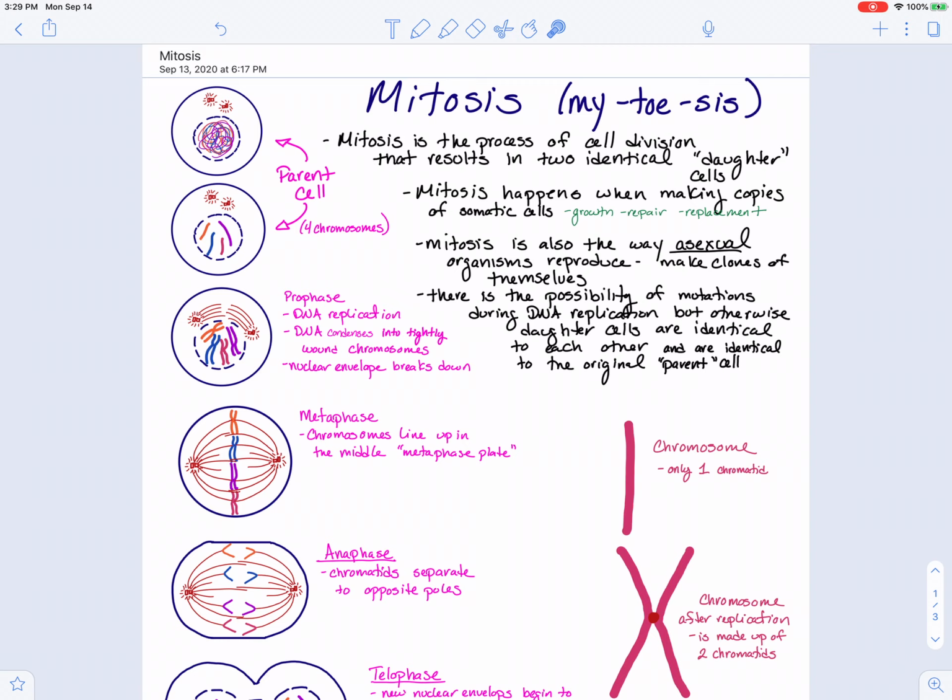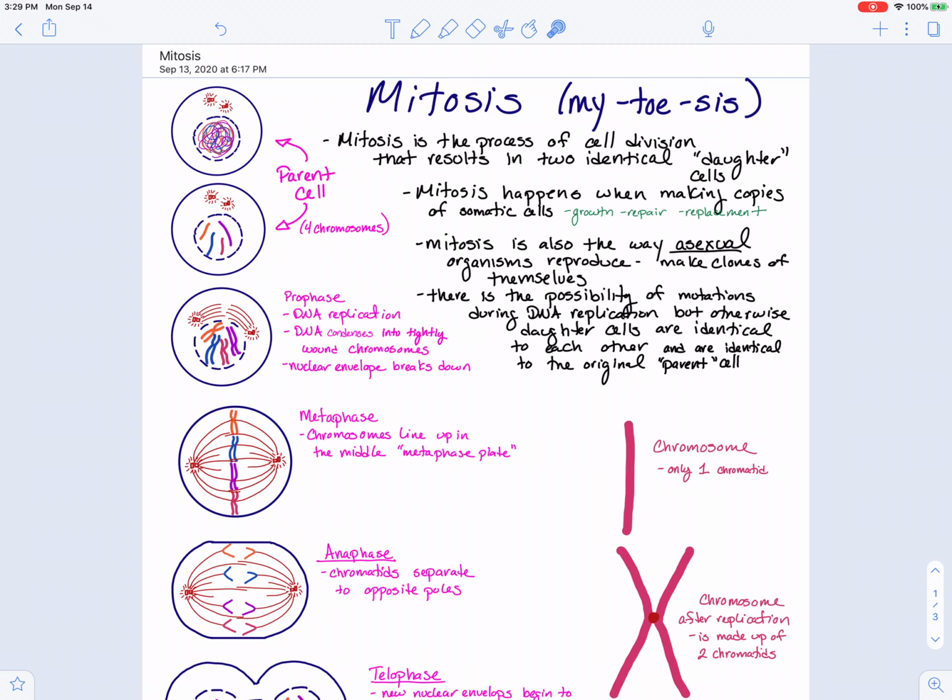Mitosis is also the way that some asexual, meaning not sexual, organisms reproduce. So they basically make clones of themselves. There are certain plants where you can cut them and they'll grow a whole new tree from that cutting. That's because they only use mitosis.